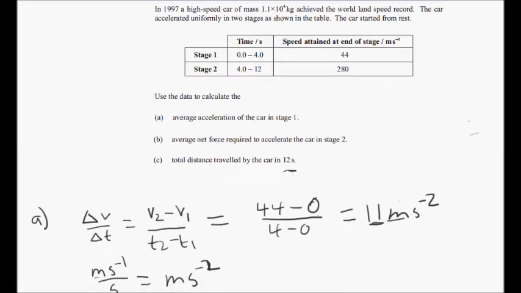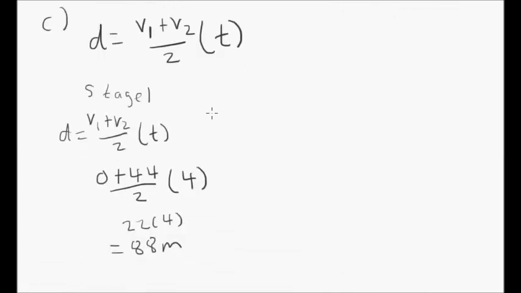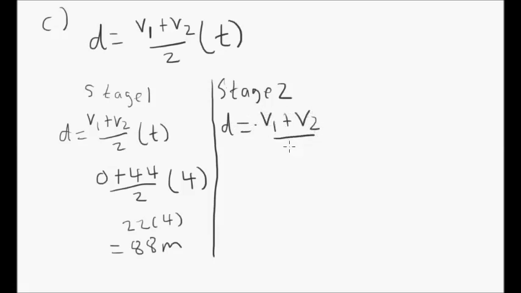Now let's do the exact same thing for stage 2. Okay, stage 2. So we know distance is equal to velocity 1 plus velocity 2 over 2 times the time. So what is our initial velocity?